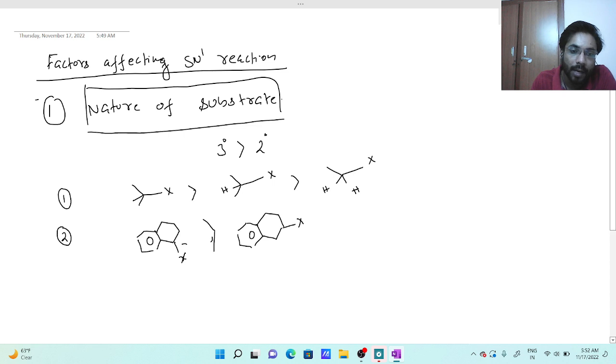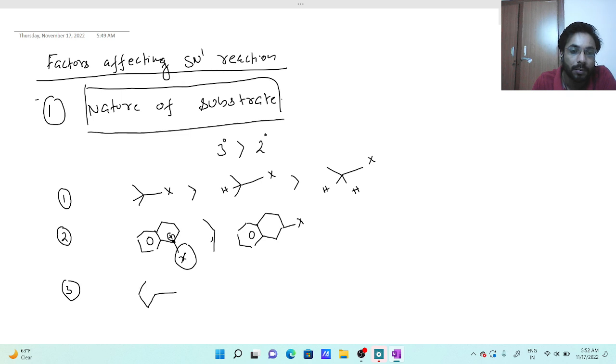The carbocation formed after the removal of the leaving group is on the benzylic position, and as we well know, the benzylic position is more stable because it can show resonance. This is not the benzylic position, that's why this alkyl halide is more reactive.